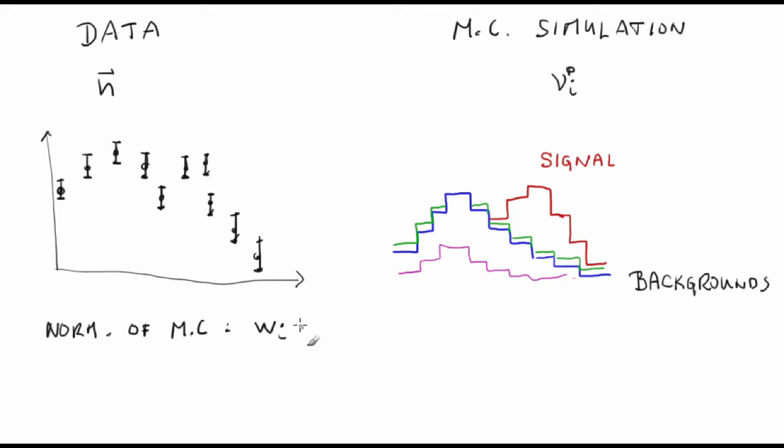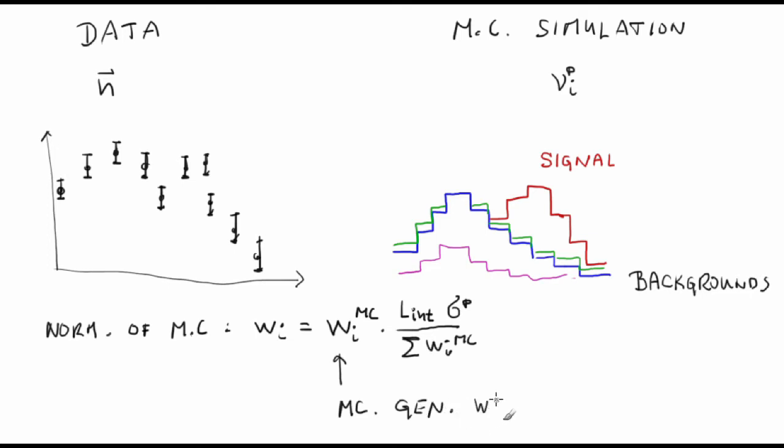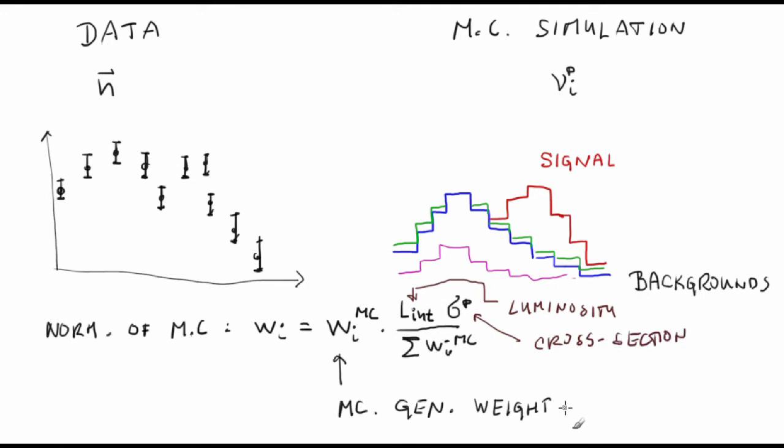W_i is equal to W_i^MC times L_int times sigma_p over the sum of W_i^MC. In this formula, W_i^MC is an internal Monte Carlo event weight whose origin is deep inside the Monte Carlo generator. L_int is the integrated luminosity and sigma_p is the cross-section of the process p.